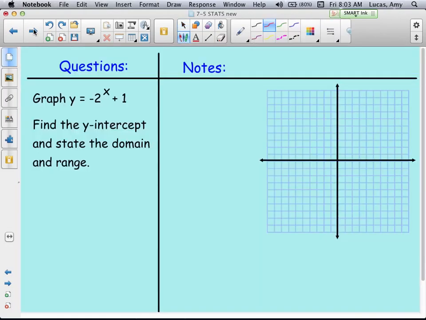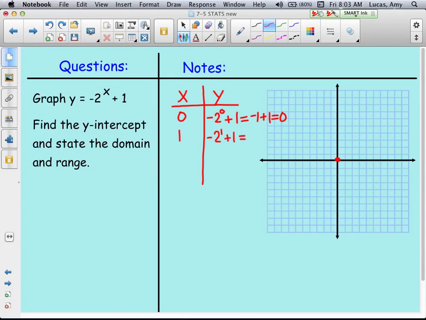My next graph, I'm going to make a little chart again on this one. This one's a little bit trickier because if I plug in 0, 2 to the 0 power is 1, so the negative sign out in front turns it into -1 plus 1, which is 0. If I plug in 1, 2 to the first power is 2, so it would be -2 plus 1, so -1.